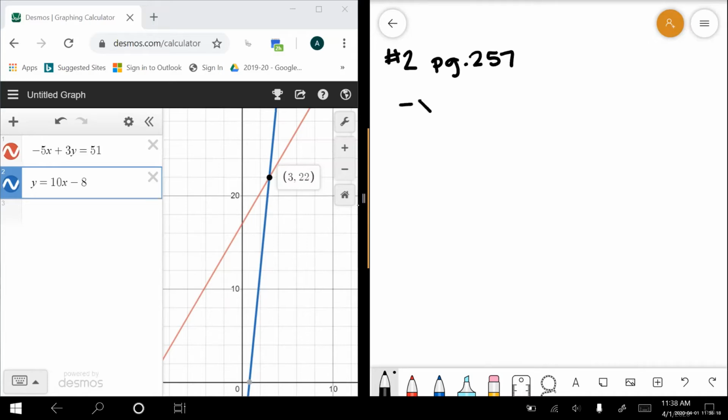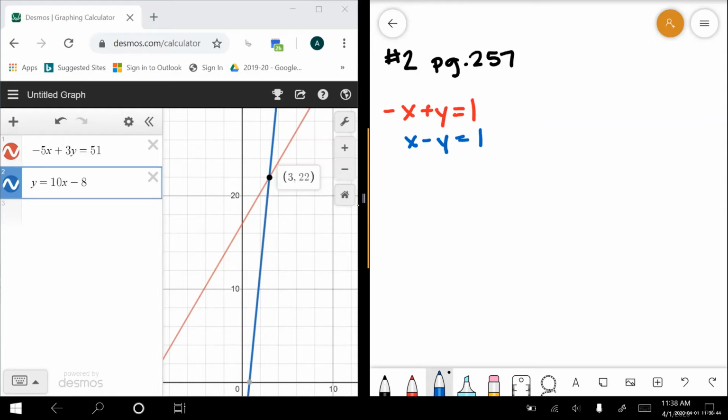Says negative x plus y equals 1. Let me stay color coordinated here. I apologize. Negative x plus y equals 1. And the other equation in the system is x minus y equals 1. Okay, so there's 2 equations that make up a system.